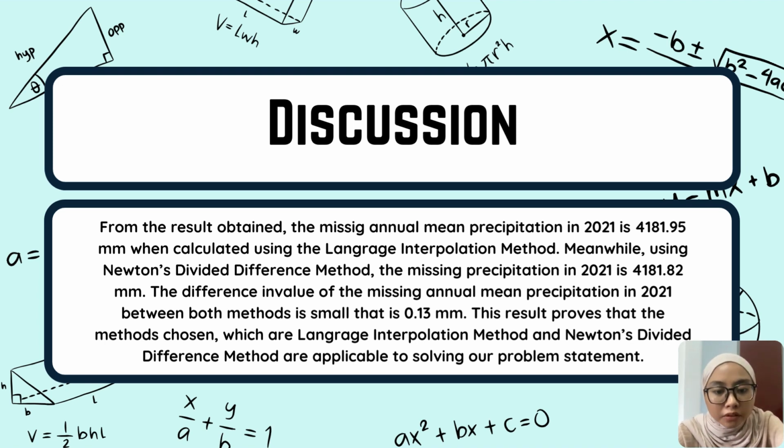The difference in value of the missing annual mean precipitation in 2021 between both methods is small, that is 0.13 mm. This result proves that the methods chosen, which are the Lagrange interpolation method and Newton's divided difference method, are applicable to solving our problem statement.